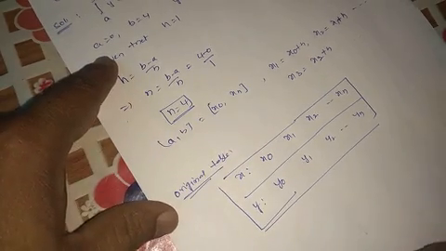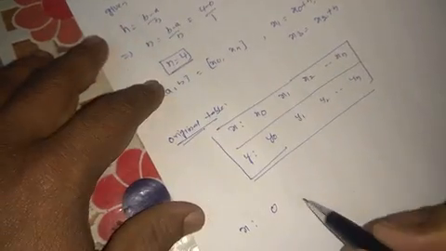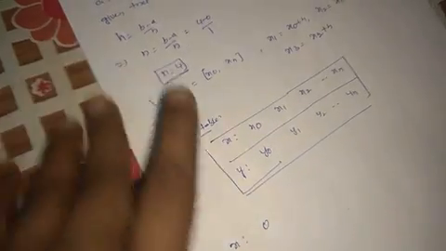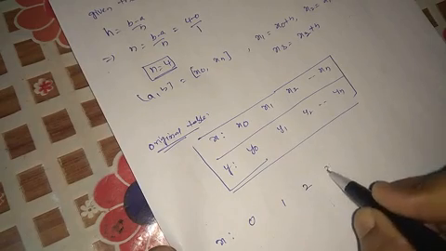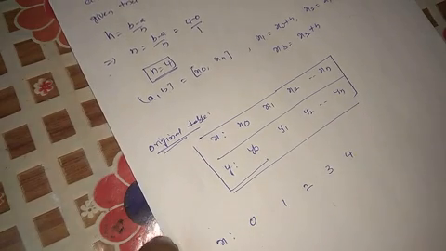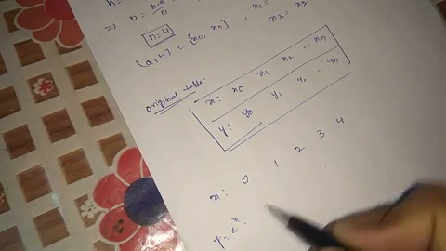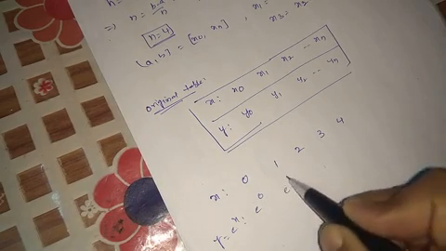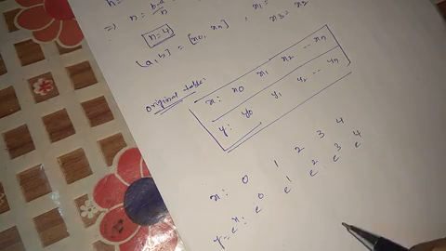Starting value equal to 0 and the length equal to 1, that is 1, 2, 3, 4. Corresponding y values, y equal to e power x, that is e power 0, e power 1, e square, e cubed and e power 4.